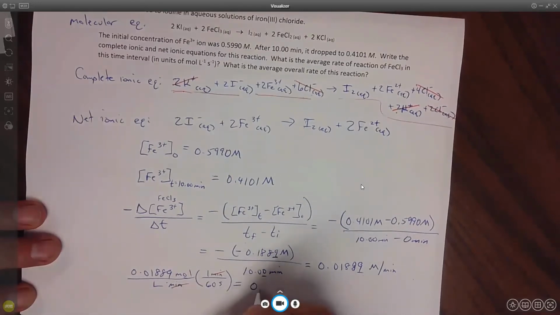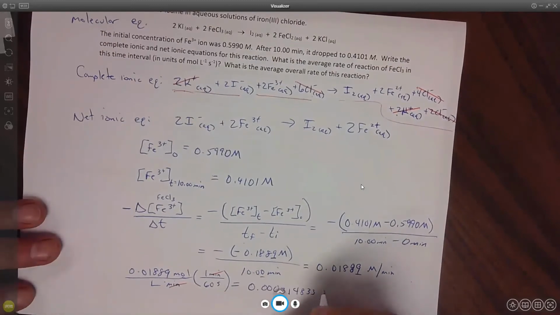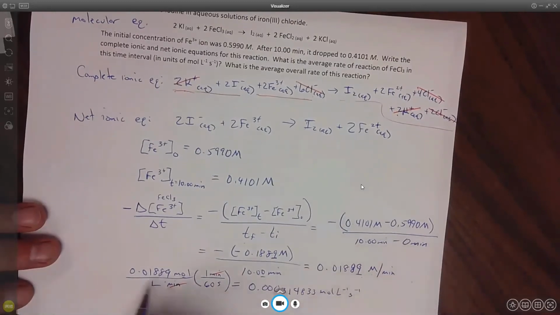So this is going to be 0.00031483 moles per liter per second. This is 4 sig figs, and the 60 would be considered exact.